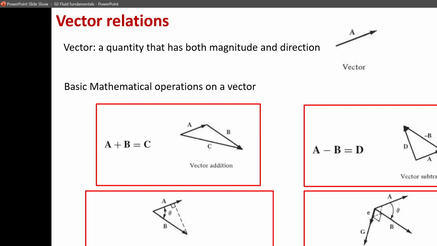And we can have the basic mathematical operations on a vector. We can add vectors. We can subtract two vectors. But vector multiplication is a little different from scalar multiplication. We have two different types of multiplication when it comes to vectors. We have the inner product, the dot product, and the cross product.